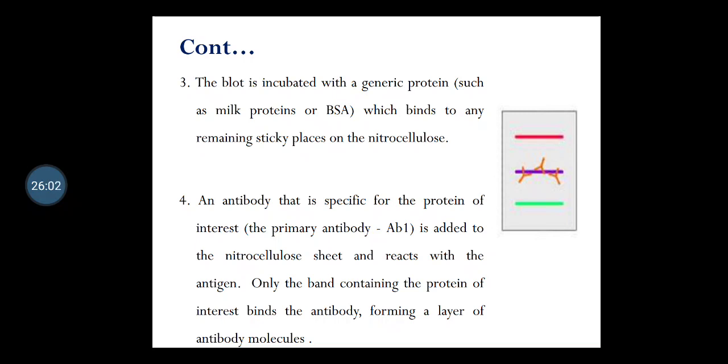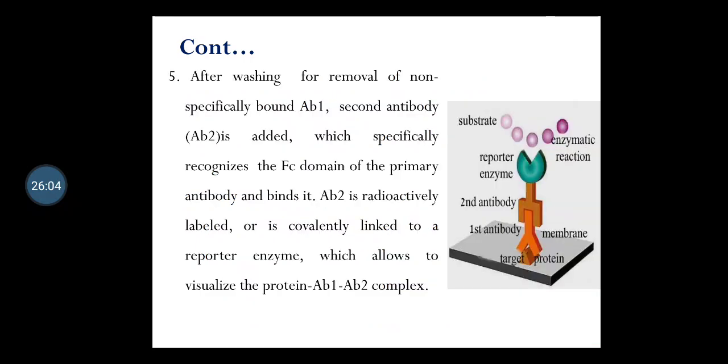In the next step, after washing for removal of non-specifically bound AB1, a second antibody, that is AB2, is added, which specifically recognizes the Fc domain of the primary antibody and binds to it. AB2 is radioactively labeled or is covalently linked to a reporter enzyme, which allows visualization of the protein AB1 AB2 complex.